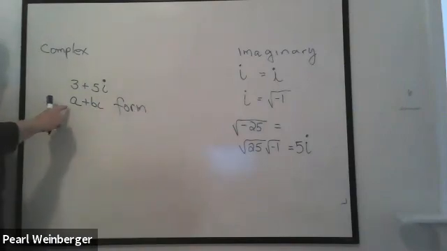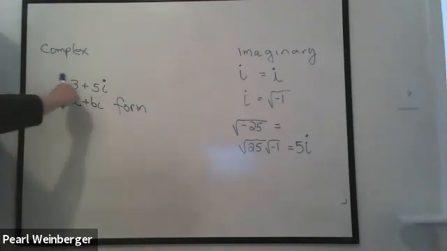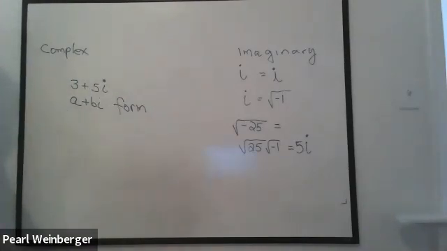A complex number is a combination of a real number, that's my a, and an imaginary number, my bi. So this format is called a plus bi form. Notice when we write numbers in this format, the real part goes first, the i part goes second.